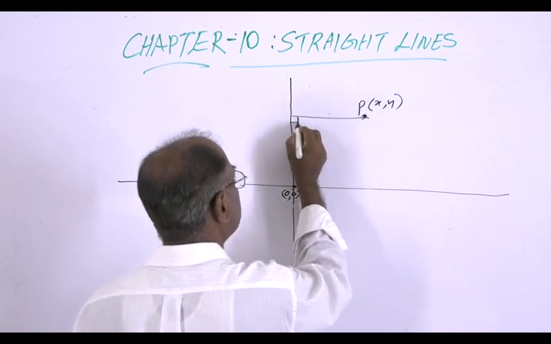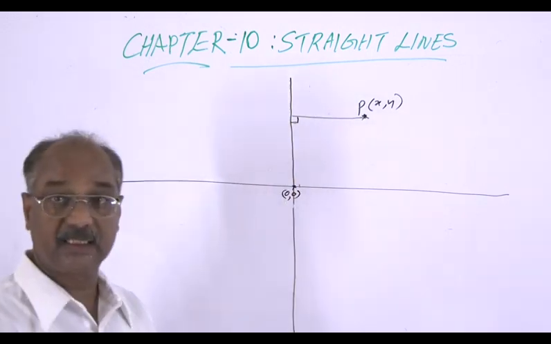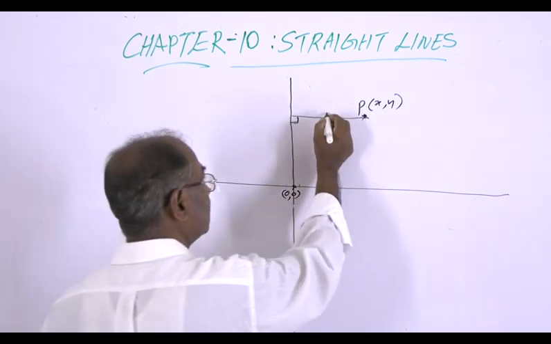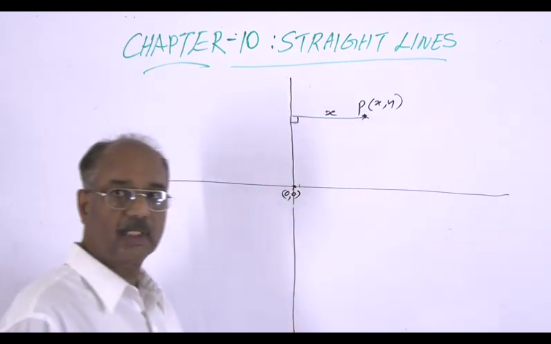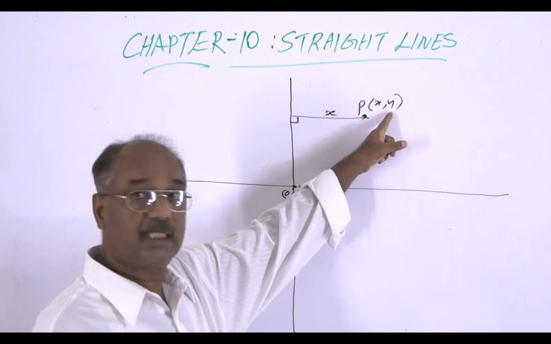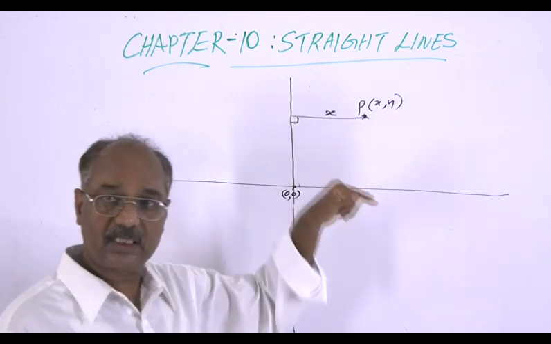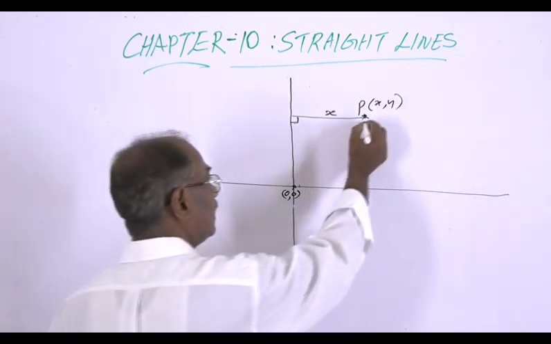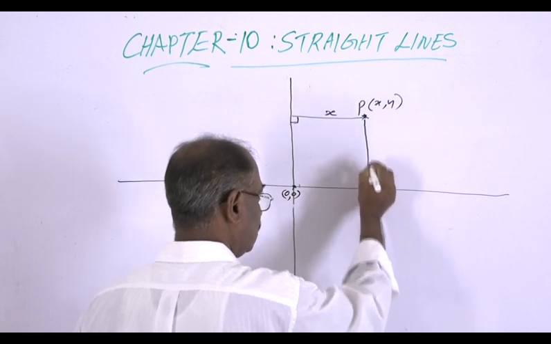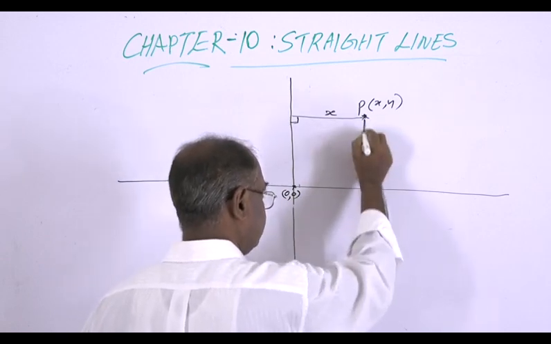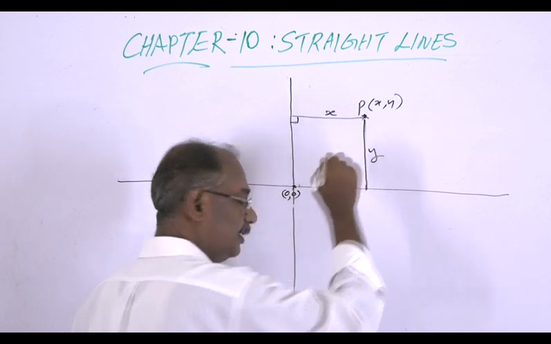This is perpendicular to the y-axis, so this distance is x. And the y-coordinate y means it is the shortest, perpendicular distance from the x-axis. So this length is y.